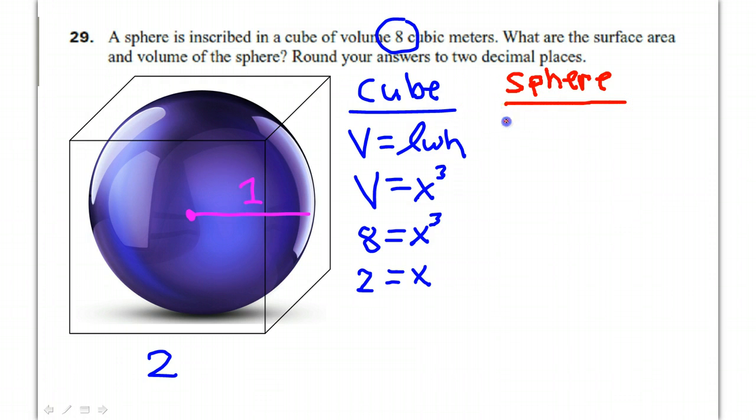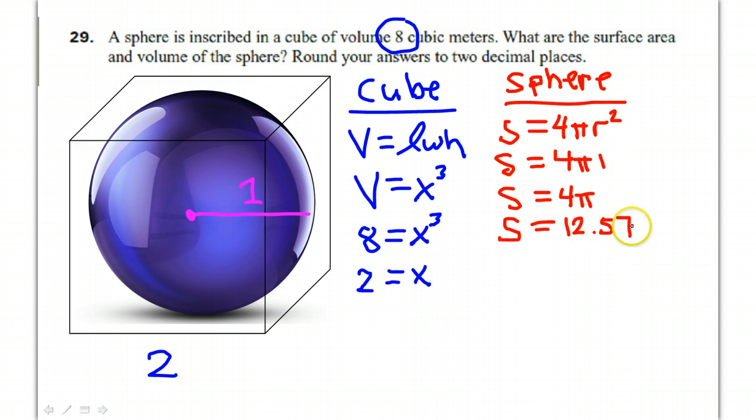Well, surface area of a sphere is 4 pi r squared. If the radius is 1, then that's just 4 times pi times 1. So that's just 4 pi. So that's 12.57.